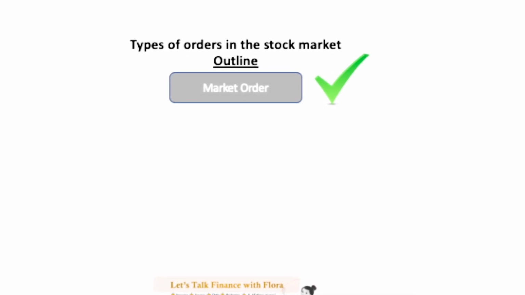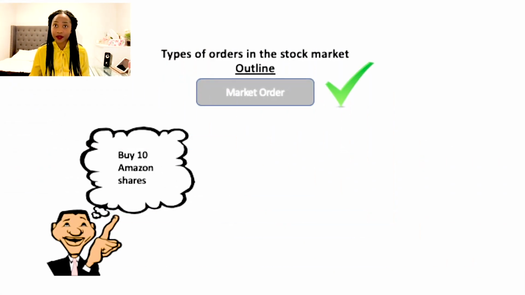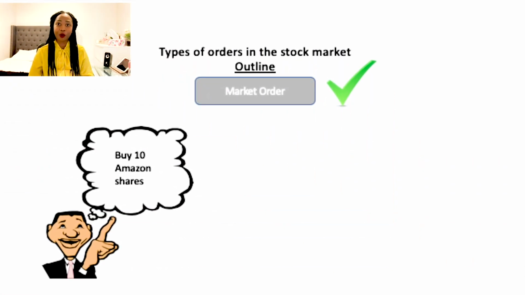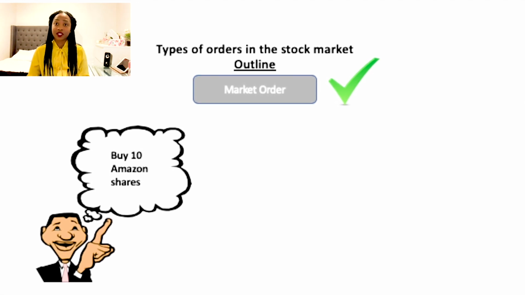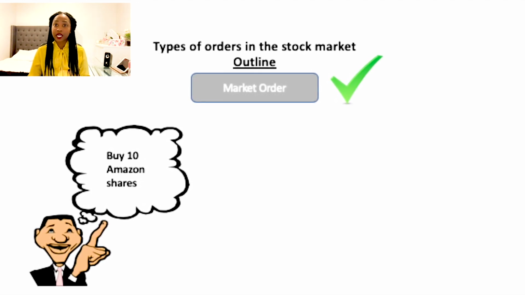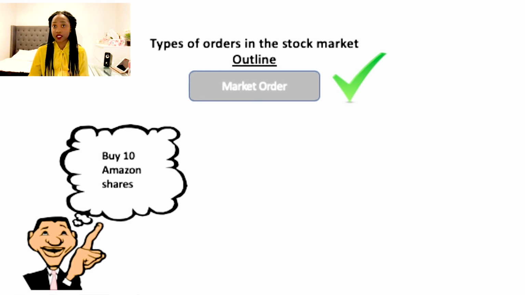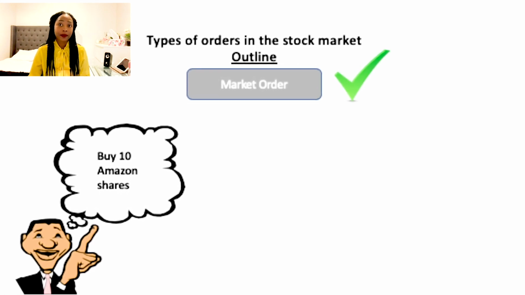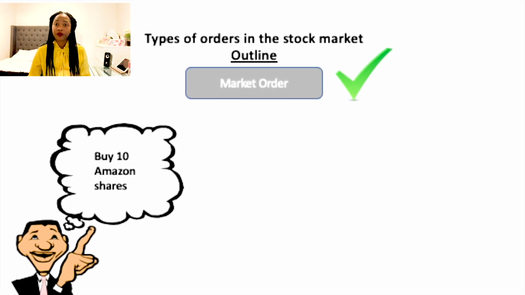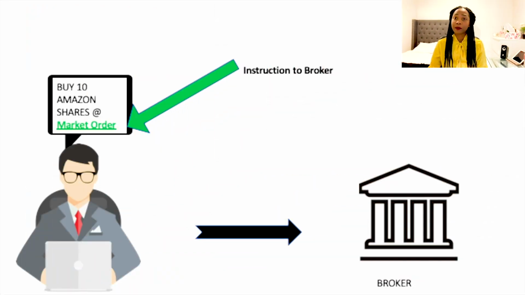So what a market order is: when you decide to buy, let's say, Amazon shares. I'm going to be using Amazon the whole time. When you decide to buy Amazon shares and you've decided the quantity that you want, let's say I want to buy 10 Amazon shares, I have to send an order to my broker.